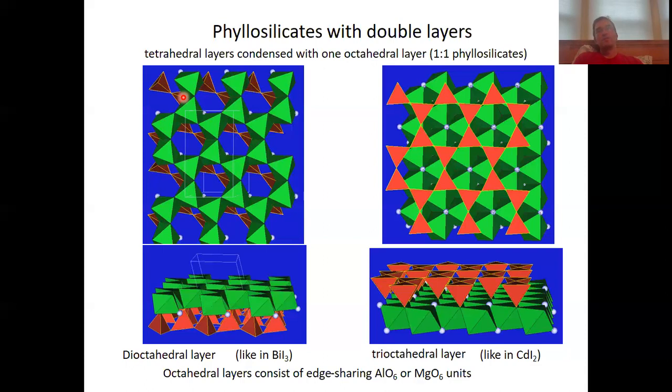Now again, because the terminal oxygens of the tetrahedral layer, which formerly carried the negative charge, do not have a formal negative charge anymore because they are shared with the octahedral layer, that takes away the polarization of the tetrahedral layer, and that leads to a stabilization of that tetrahedral layer.